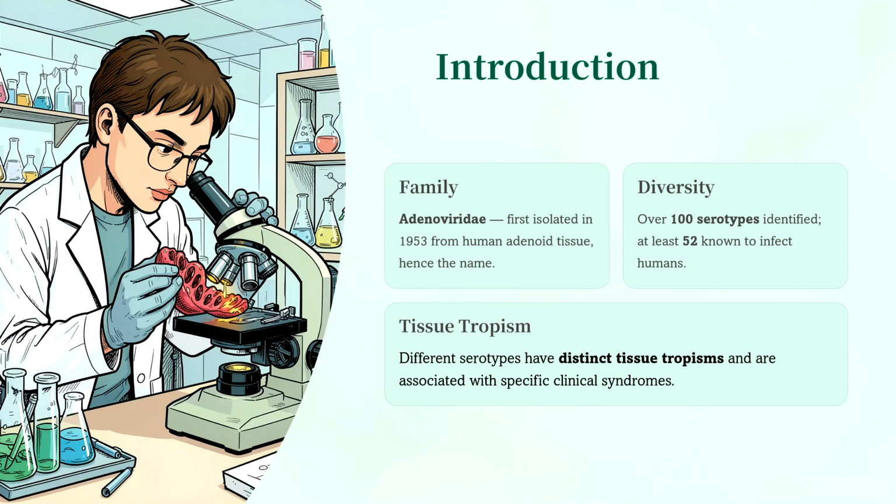In humans, adenoviruses commonly infect the respiratory tract, gastrointestinal tract, urinary tract, and conjunctiva. They are responsible for diseases such as common cold, pharyngitis, conjunctivitis, pneumonia, gastroenteritis, and hemorrhagic cystitis.